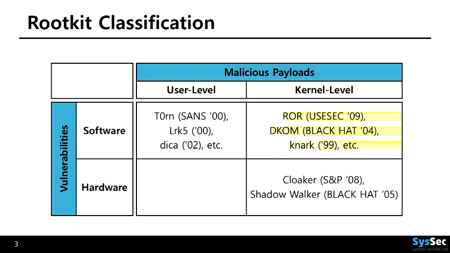Kernel-level rootkits are stealthier than user-level rootkits because they exist in kernel space and modify static or dynamic kernel objects, so they require code modification or code injection into the kernel. This type of rootkit is also detectable by using kernel integrity monitors.